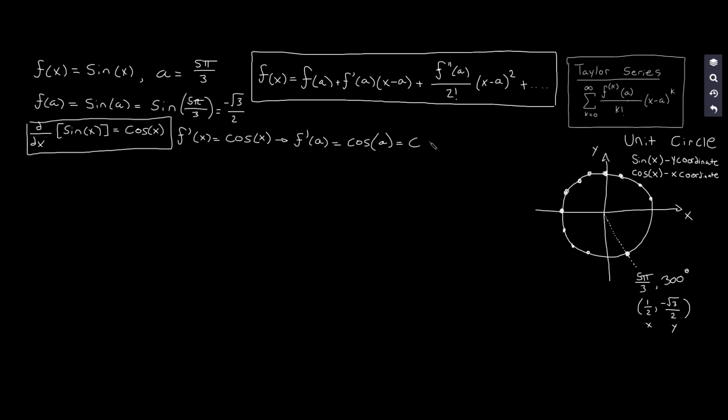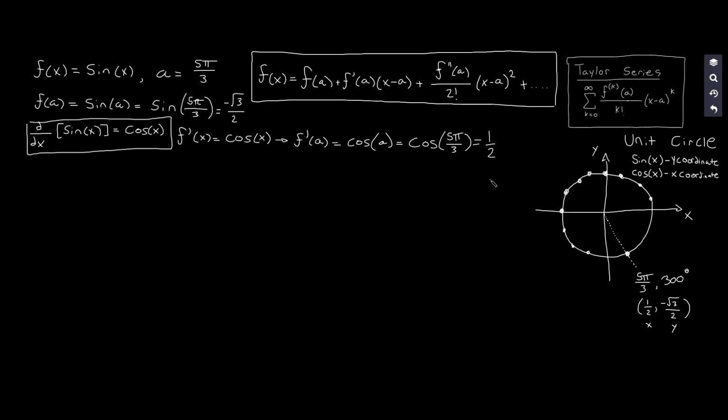But we are interested in specifically cosine of 5 pi over 3, which we have the value for at 300 degrees on the unit circle. And cosine is the x coordinate. So now we're looking at 1/2. So this equals 1/2.